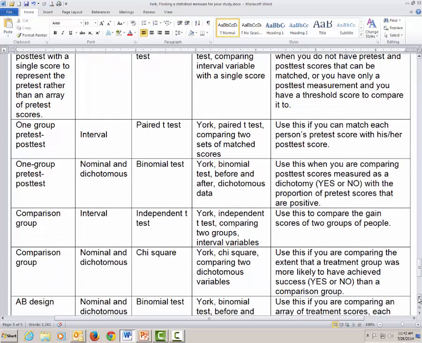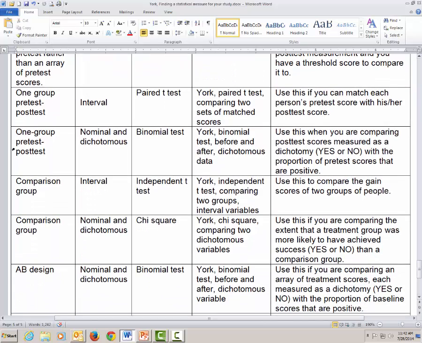Moving right along, I think by now you've gotten the hang of it. If you have the one group pretest-posttest with nominal data, or dichotomous, a binomial test could be appropriate. Comparison group, as you see over here, it says use this to compare the gain scores of two groups of persons. You've computed a gain score for your service group, and you've computed a gain score for a comparison group that did not have your service.